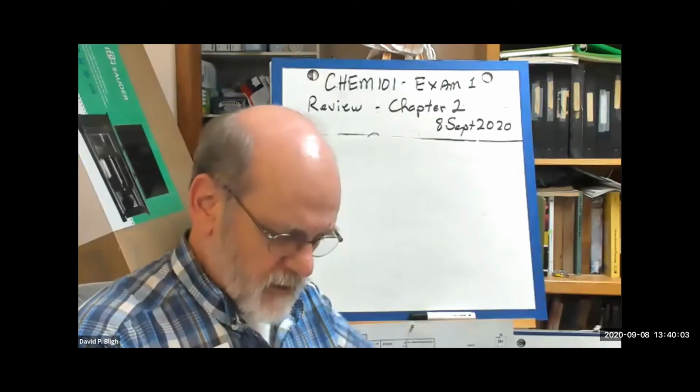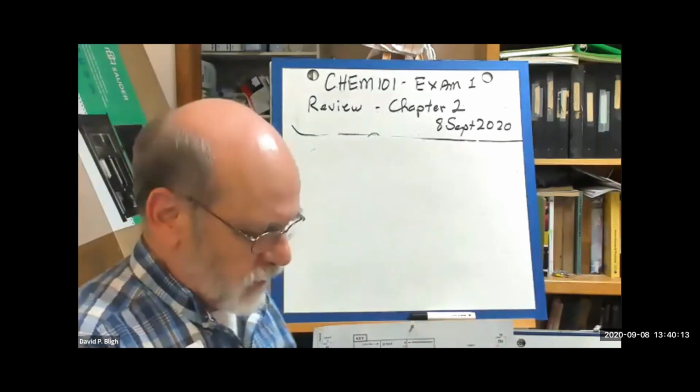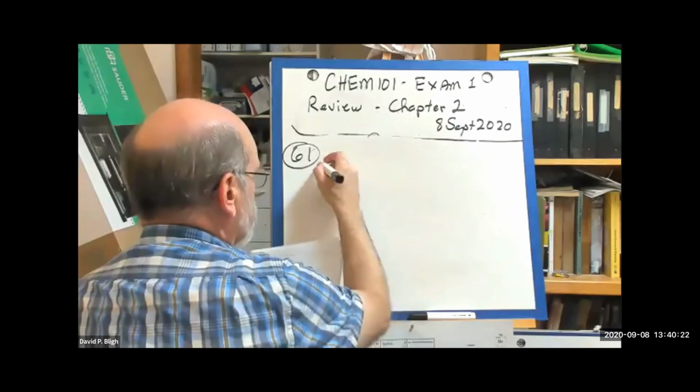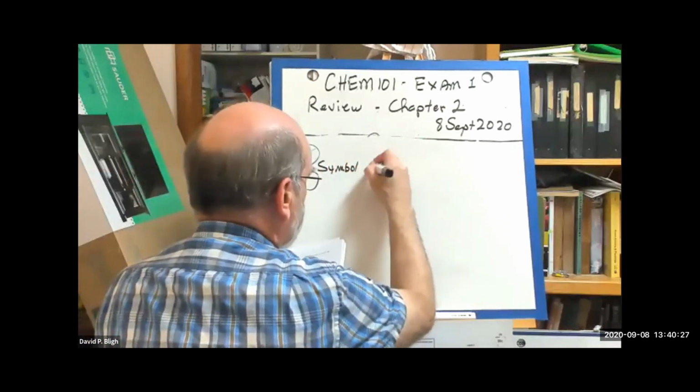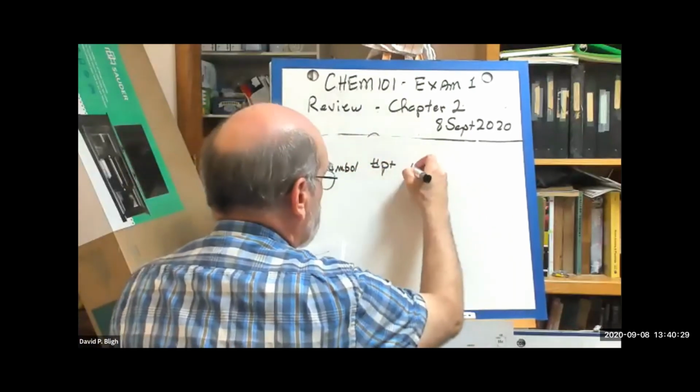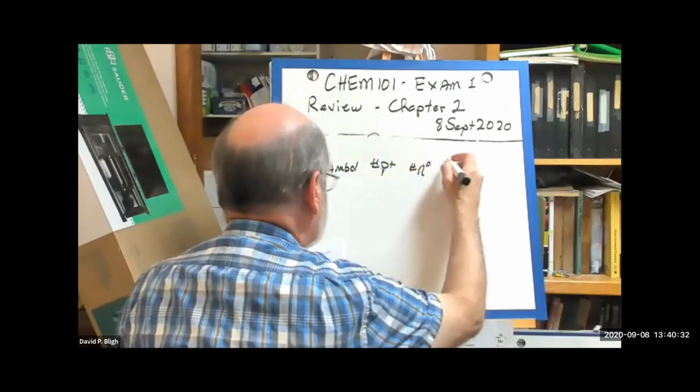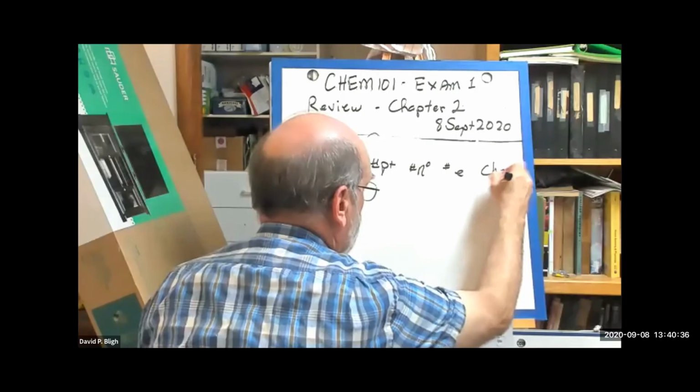Okay. So now if we go back, all right, I'm going to take time to do this last one. The table number 61. So we've got a symbol, number of protons, number of neutrons, number of electrons, and charge.